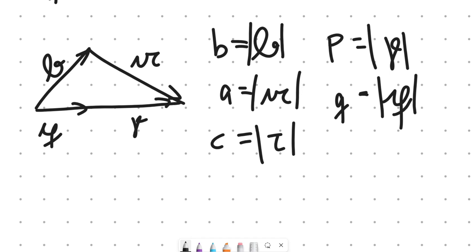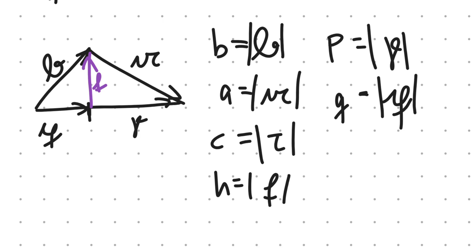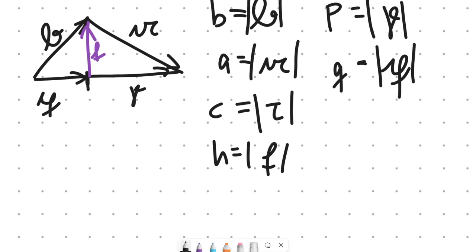Okay, now since this is the endpoint of gamma 2, I'm going to make another line here, which would mean that F, let's call it F, the height would be the absolute value of the vector F. Now, since we have this information, we can start talking about what we see here and what we can derive from this image.